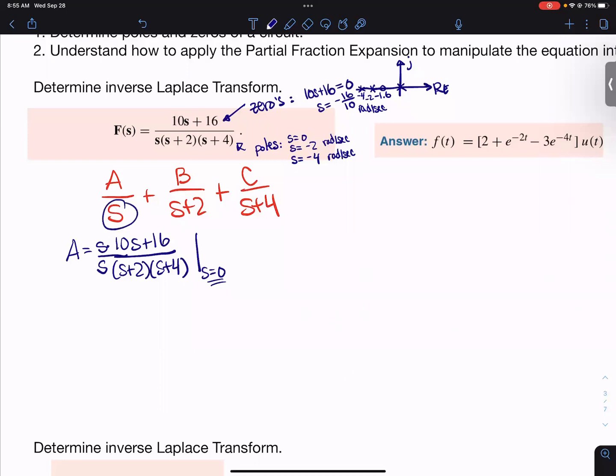So this one will be S. For B, it's going to be multiplied by S plus 2. So you plug S equals 0 into each one of those. And then for this one, you're going to take S equal to minus 2 and solve it like that.